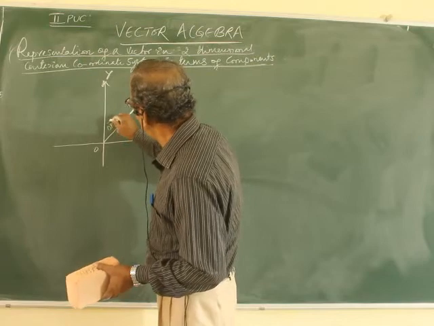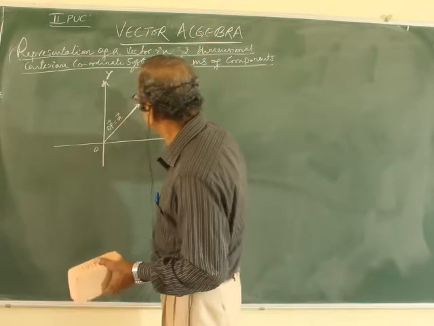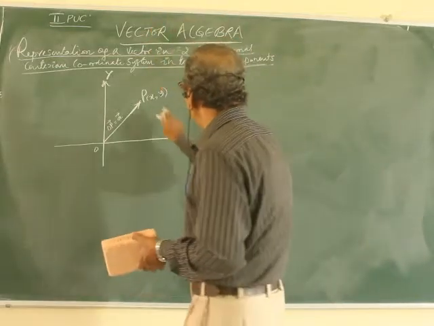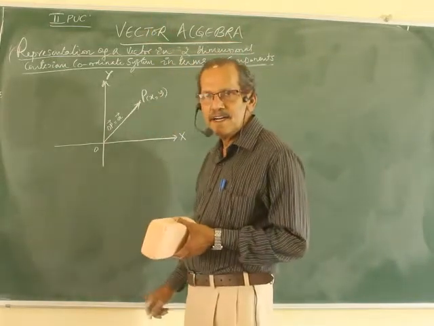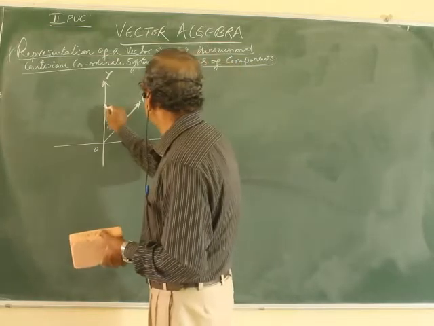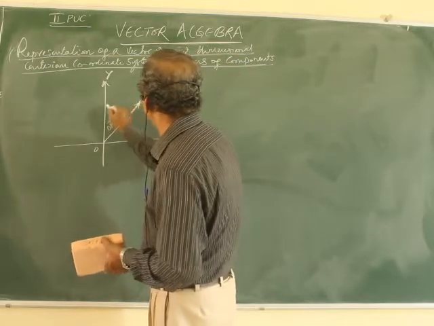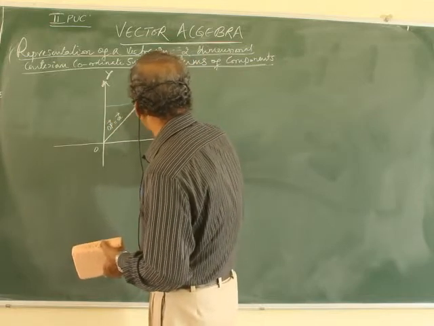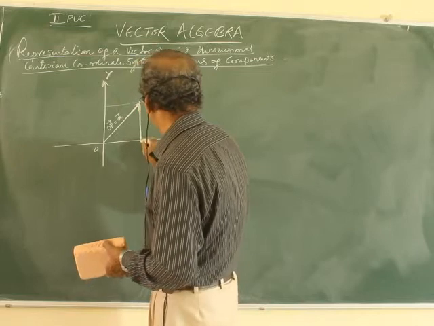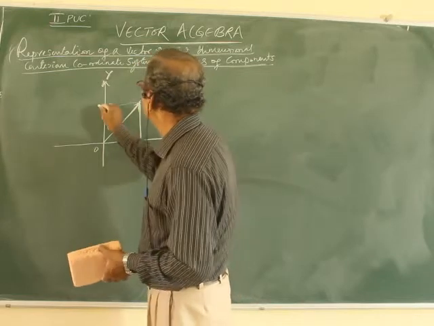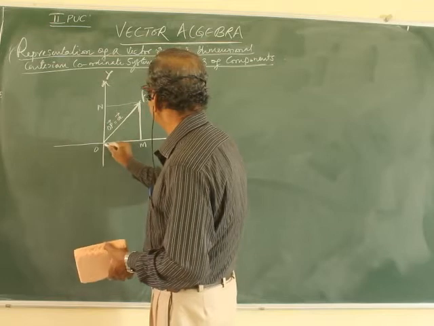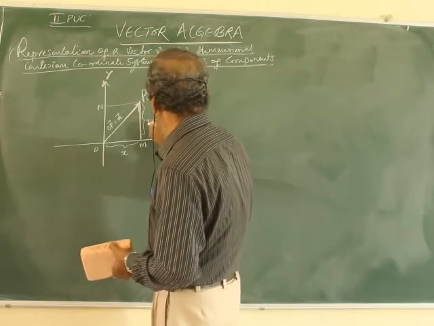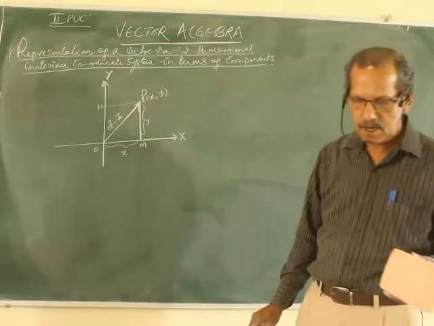You can write this one as OP, or you can take any notation, A, whatever may be. Totally it is a position vector. Now, what about this x? It is the x coordinate, distance of the point from the y-axis. See this one. Y is the distance of the same point from the x-axis. So let me give m, this is n. So this distance, no doubt x, this one is y.